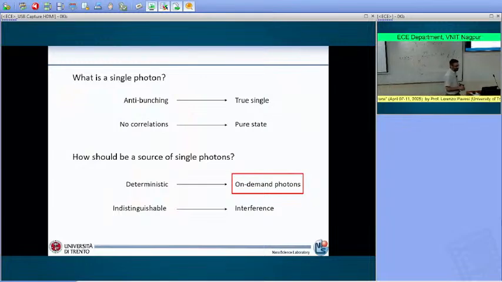The second characteristic is that the photons generated by this photon source should be indistinguishable. I should not be able to distinguish the first photon emitted by the source from the second photon emitted by the source. The reason why we want these properties is that we want to be able to do interference, quantum interference measurements.